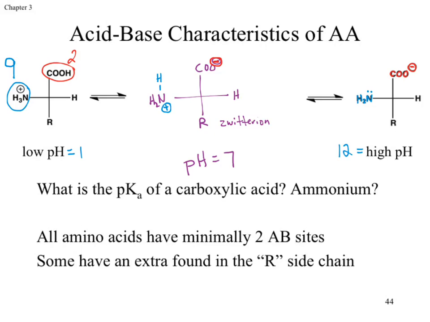Let's say the R group's pKa is 4. At a low pH, what would I expect to happen to the R group? It should be in its protonated state. Depending on what that R group is, it might be neutral or it might be positively charged.